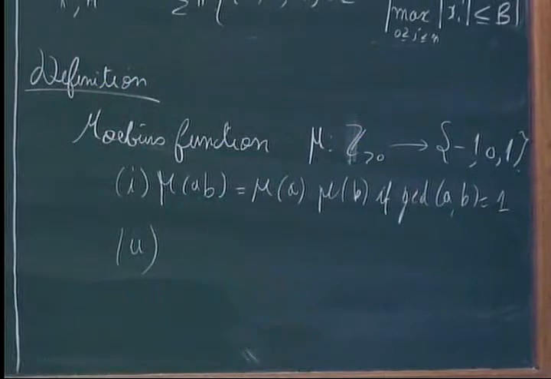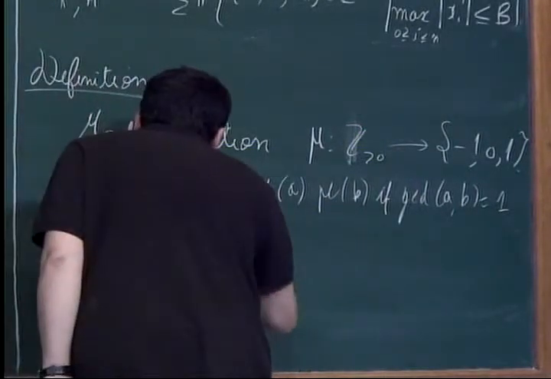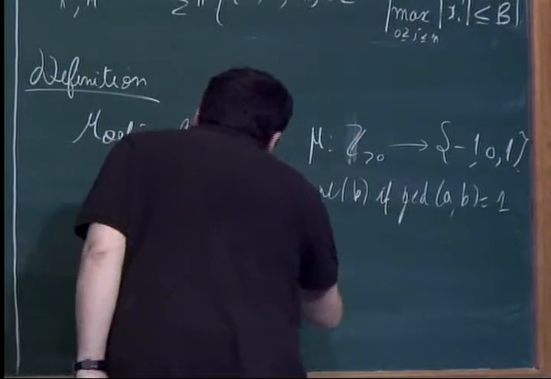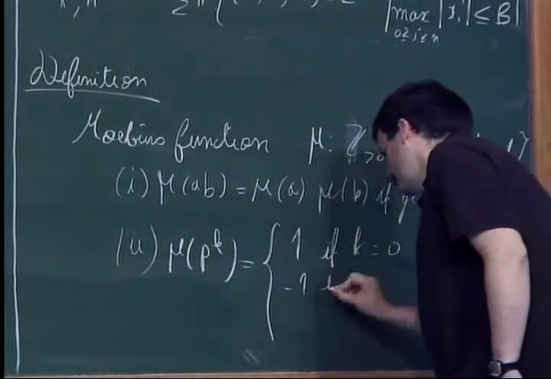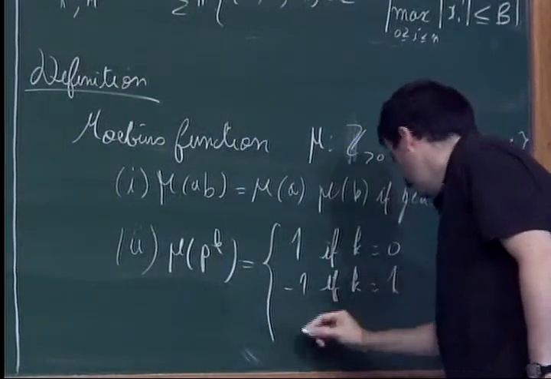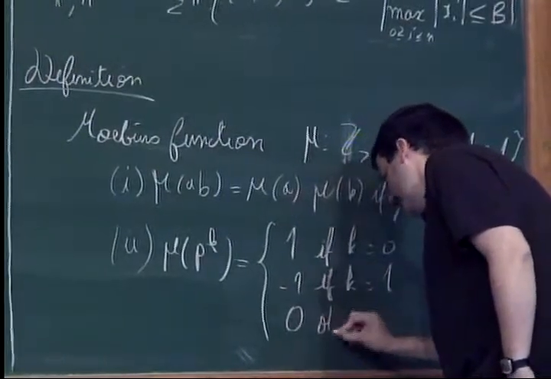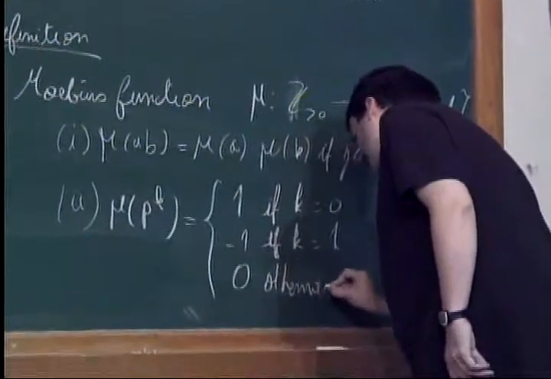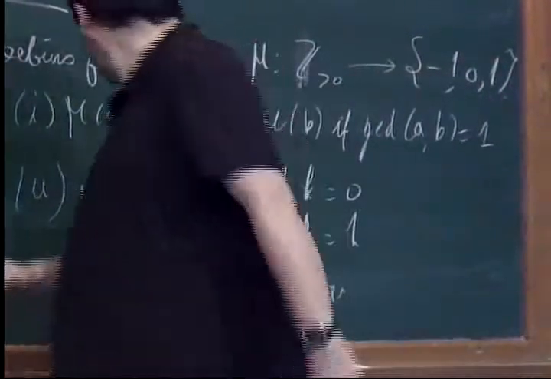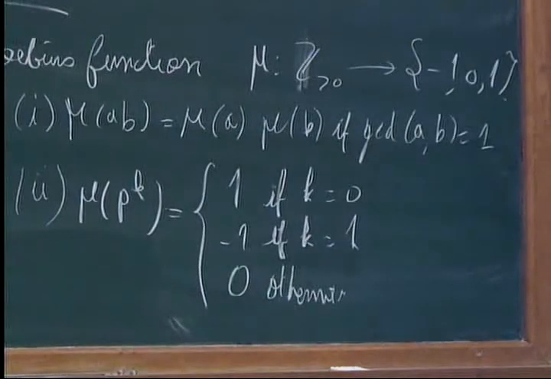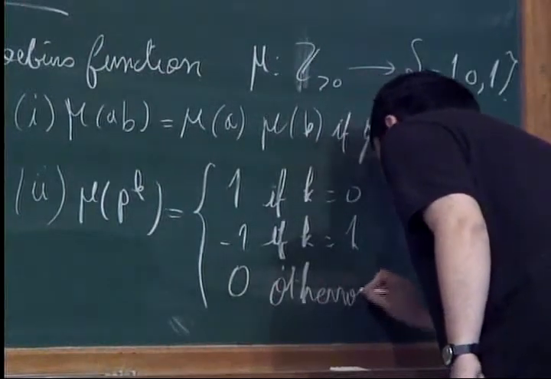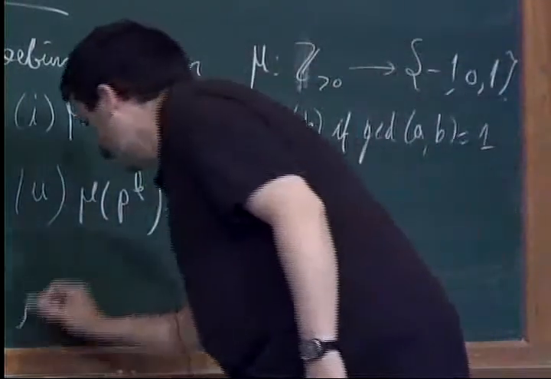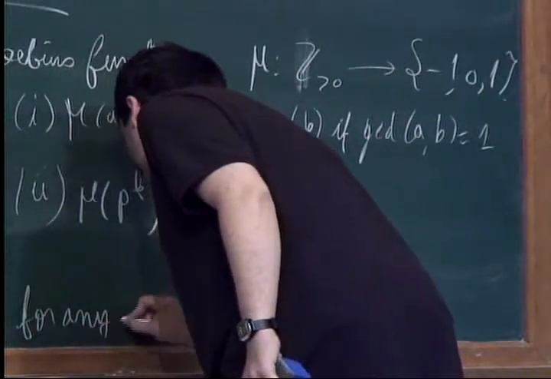And for powers of prime numbers, mu(p^k) is equal to 1 if k is equal to 0, -1 if k is equal to 1, and 0 otherwise. Where p is a prime number.